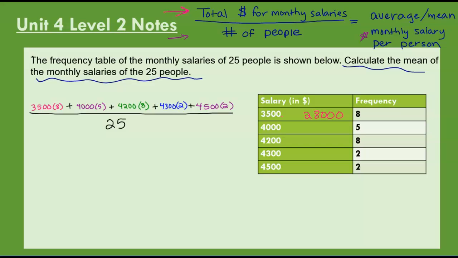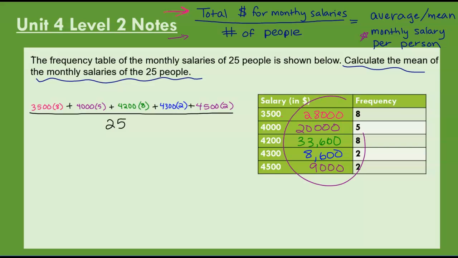And 4,000 times 5 is 20,000. And 4,200 times 8 is 33,600. And 4,300 times 2 is 8,600. And 4,500 times 2 is 9,000.